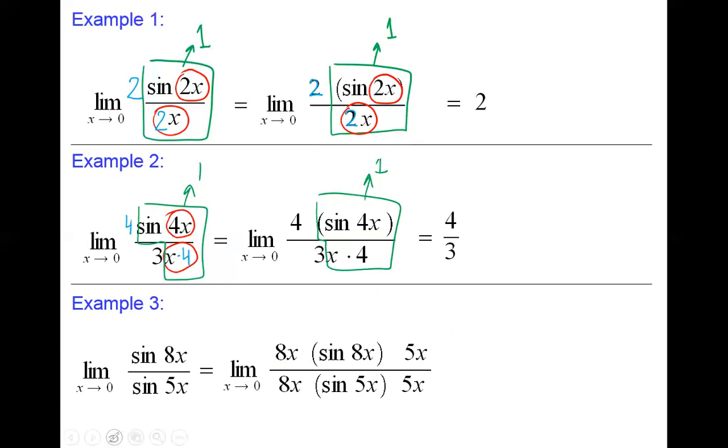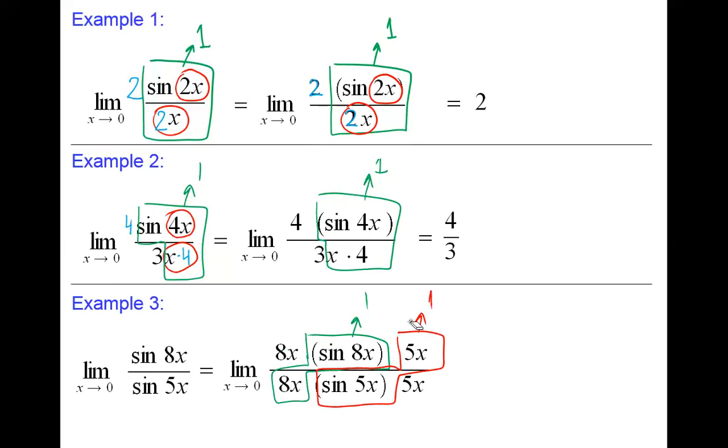Now let's take a green color because that's our property. I see sine of 8x over 8x. Perfect, that's one. And I also see the reciprocal, 5x over sine of 5x. This is also one.